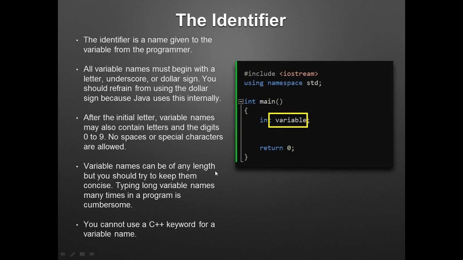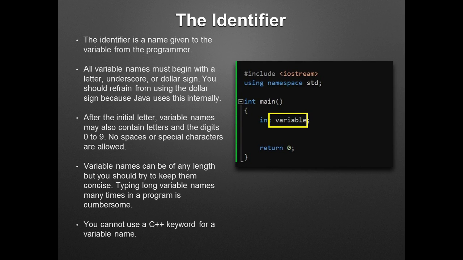The variable names can be of any length, but you should try to keep them concise. You want these to be very easily read and easily accessed, and having a paragraph serve as a data type name is not good at all, and you want to refrain from that as much as possible.